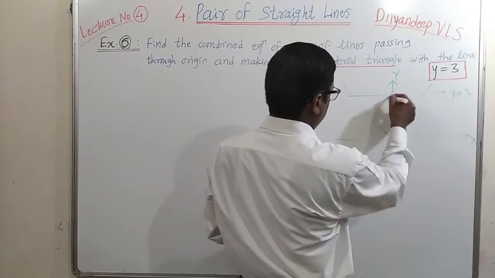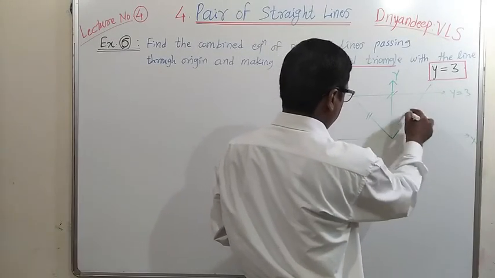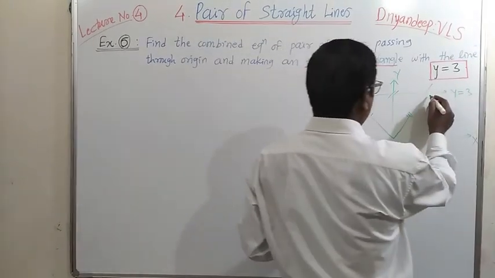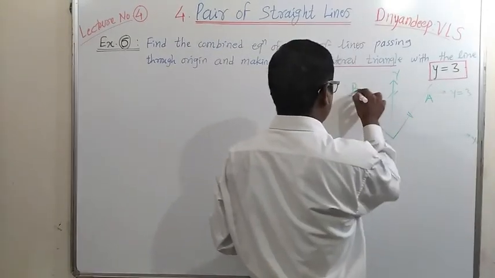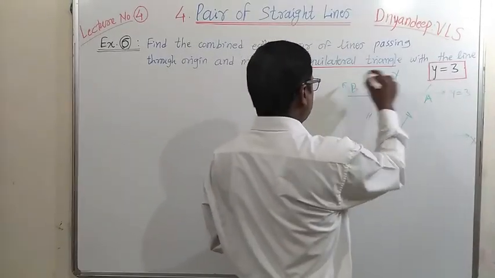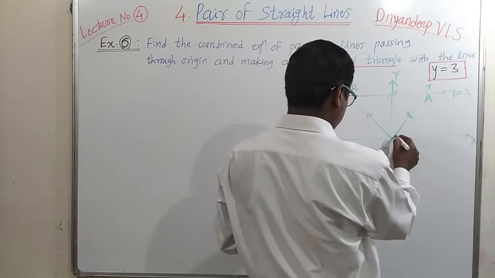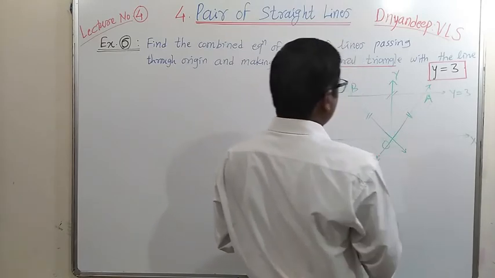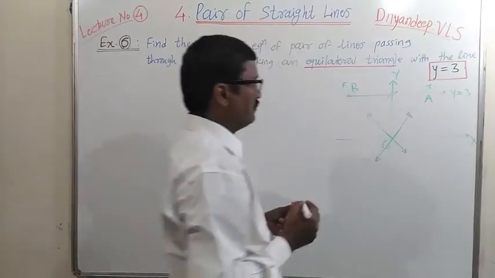So this is the equilateral triangle. One vertex will obviously be origin O. Let's suppose this as A, this as B. So we get lines OA and OB, and this line y = 3.